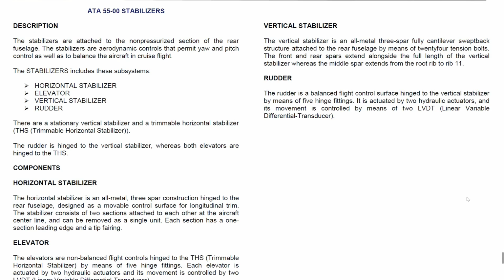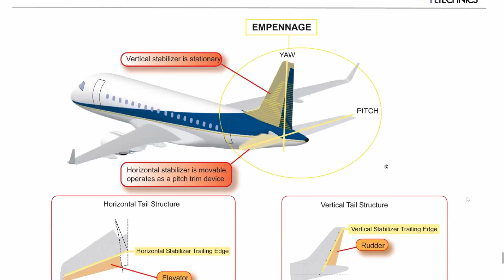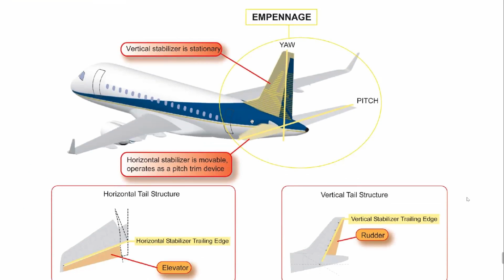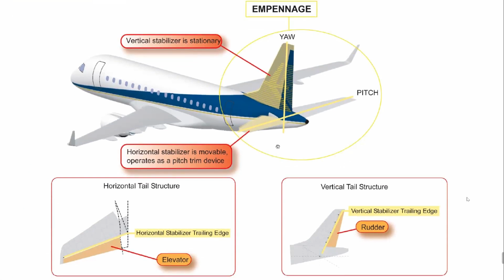Pedals transmitting this mechanical input to electrical signal. You remember PAs, flight control modules, electrohydraulic servo valve in the PCU, and then we have this operation of the rudder. So vertical stabilizer is stationary, but the horizontal stabilizer is movable.